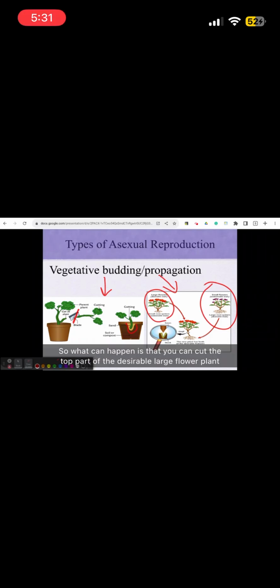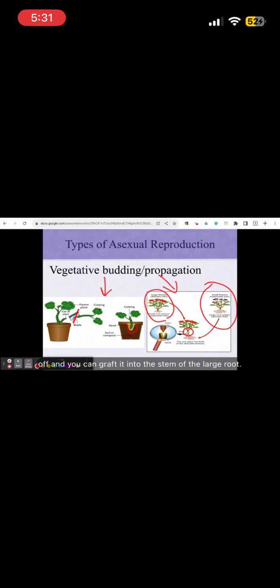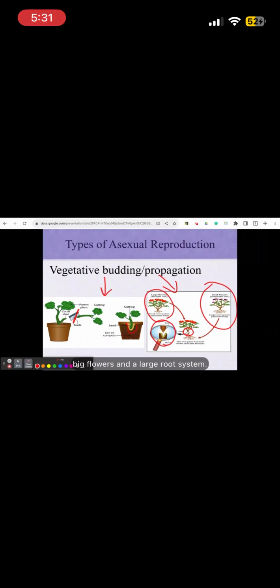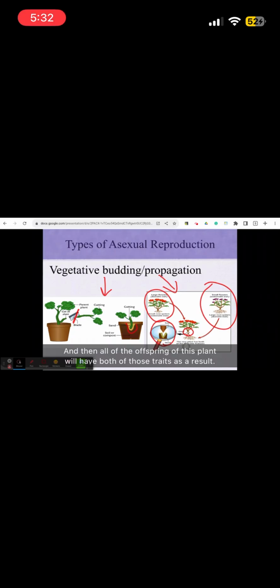So what can happen is that you can cut the top part of the desirable large flower plant off, and you can graft it into the stem of the large root. And then those two will grow together, and you'll end up with one organism that has nice big flowers and a large root system. So that's another type of asexual reproduction. And then all of the offspring of this plant will have both of those traits as a result.